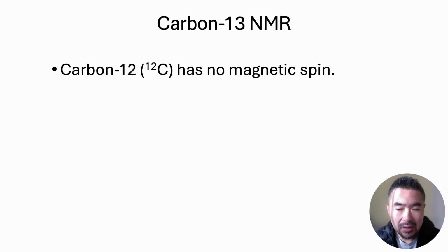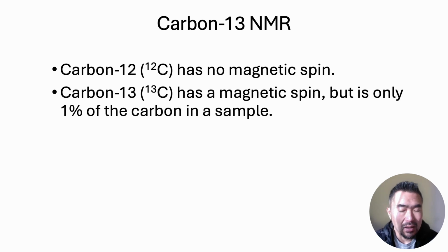Now the last type of interpretation knowledge I want you to have is about carbon C13 NMR. These are a little bit different than the proton NMR that we've been studying, especially in that the normal isotope for carbon is C12. That's the majority, 99% of them.